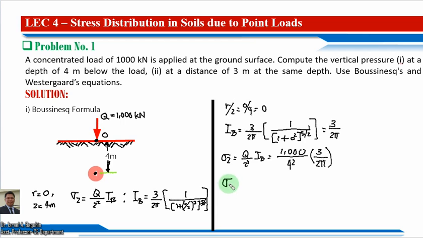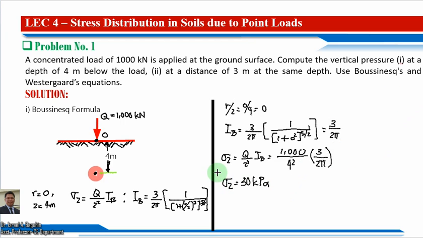So if you calculate this, our vertical stress is just equal now to 30 kilopascal.